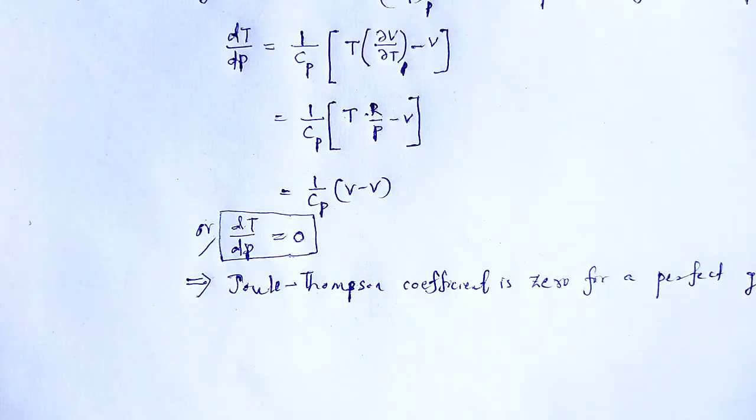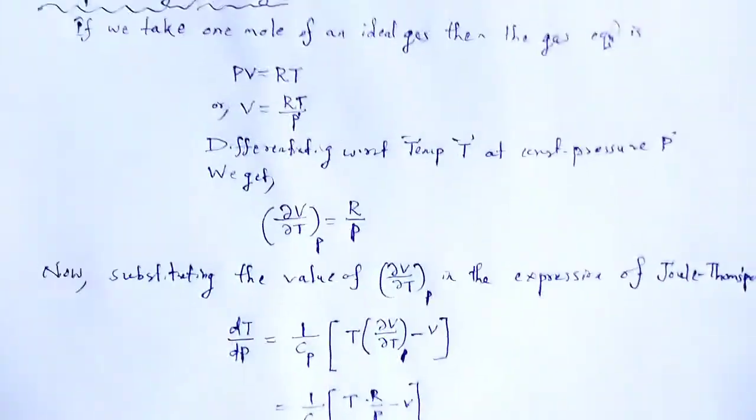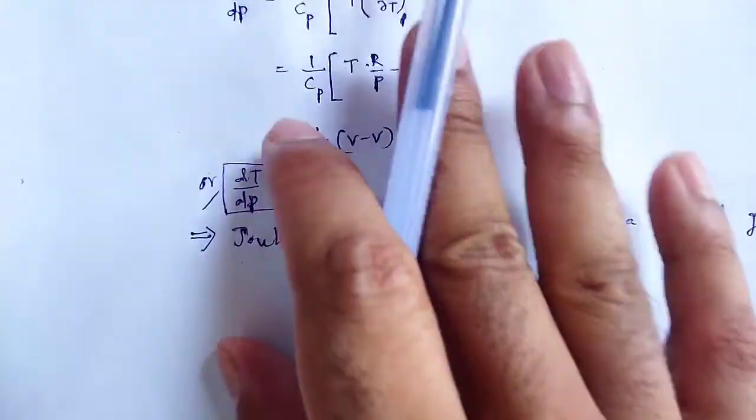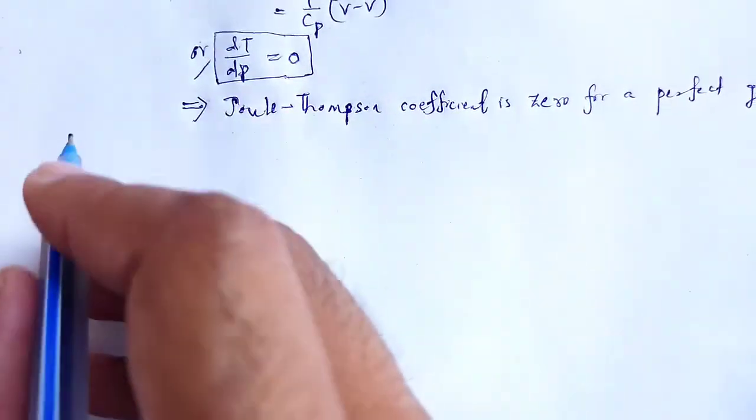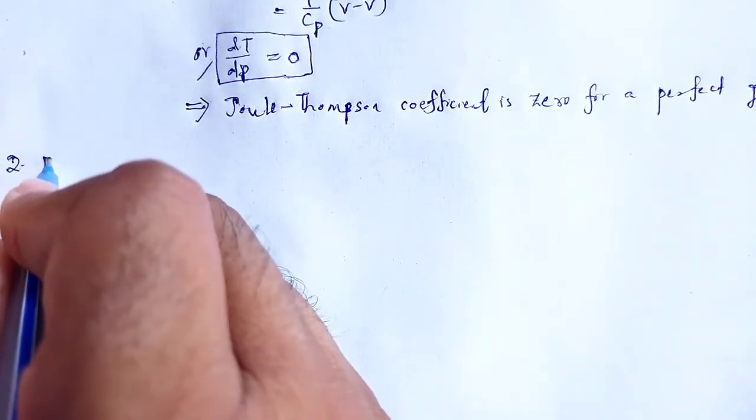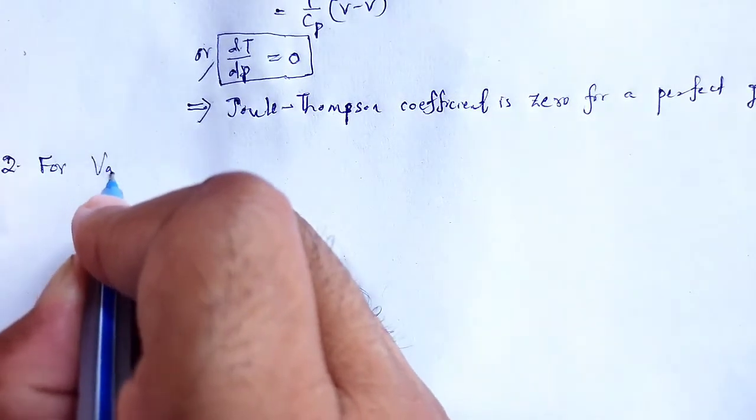Now we have to calculate the Joule-Thompson effect for a Van der Waals gas. This is for a perfect gas. Now for a Van der Waals gas, the second one.